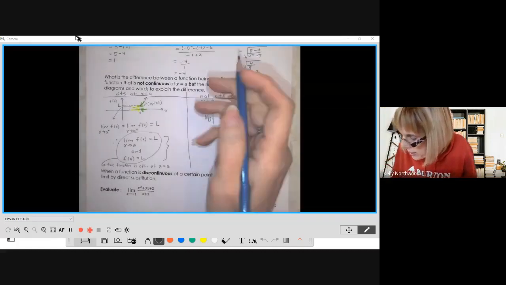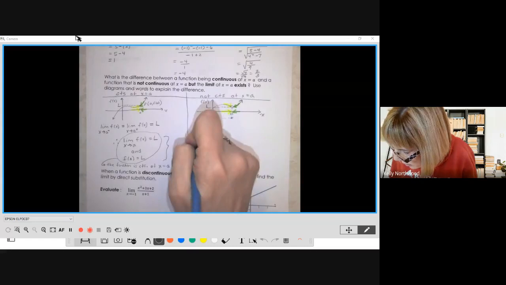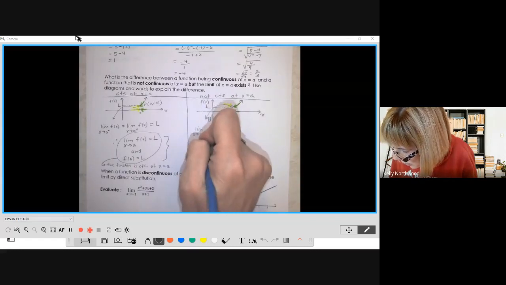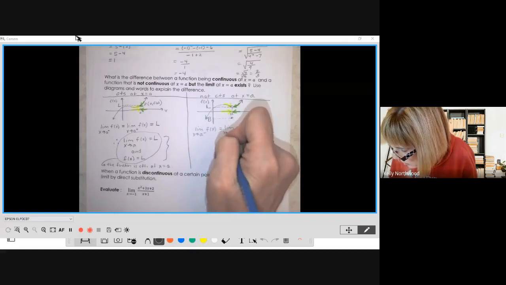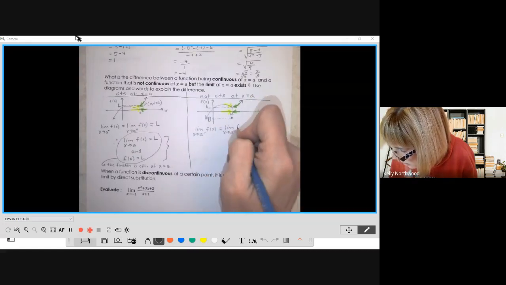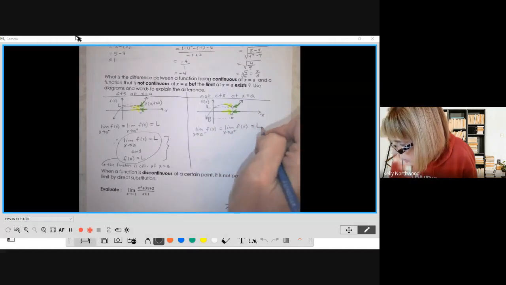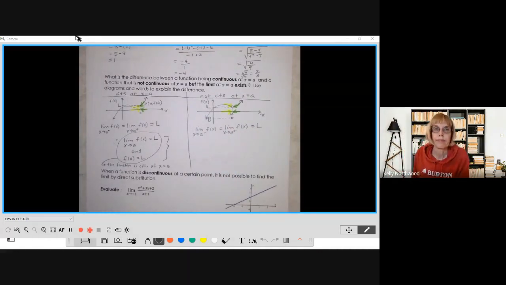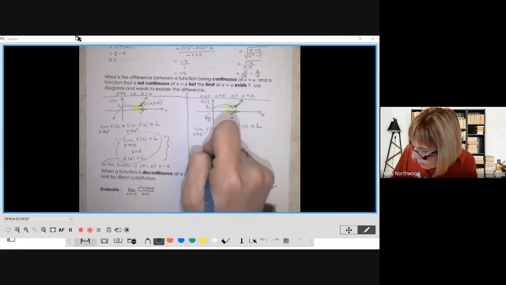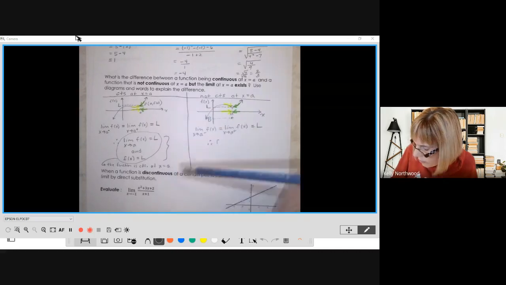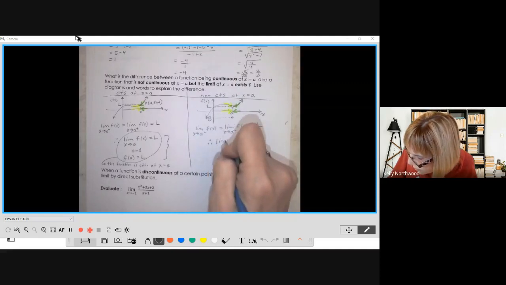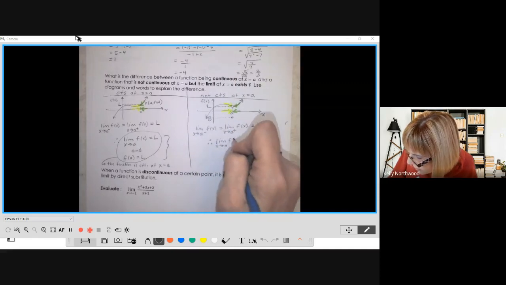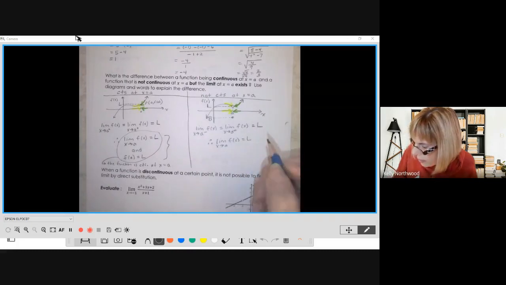So we know the limit exists. The limit as x approaches a of f(x) exists, and it's equal to L.